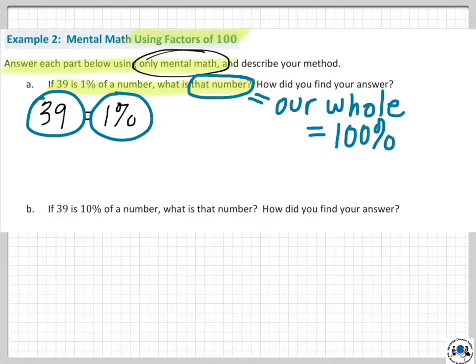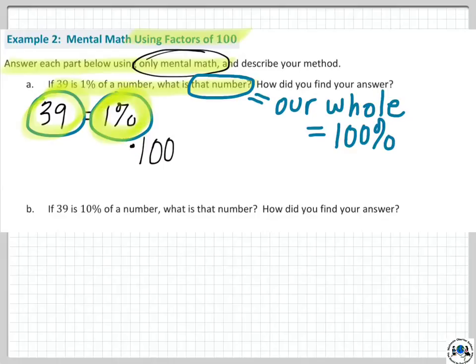So saying 39 is 1% of a number, what is that number? Now, that number is our whole. It is our 100%. But right now, we're only showing 1%, and 1% is 39. So that 39 is equal to only 1% of our whole.